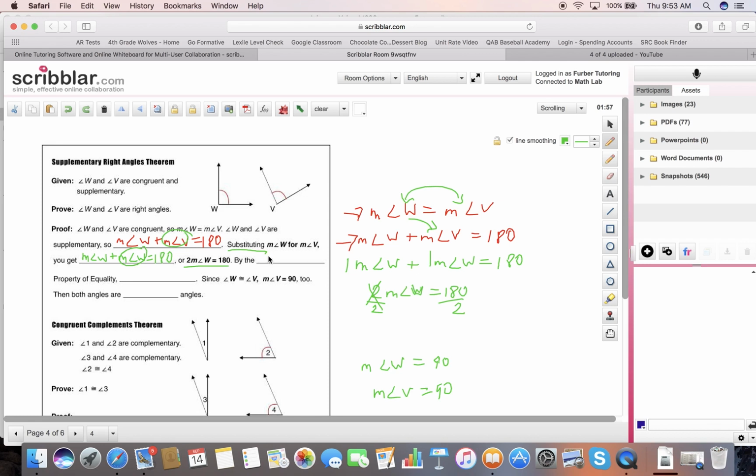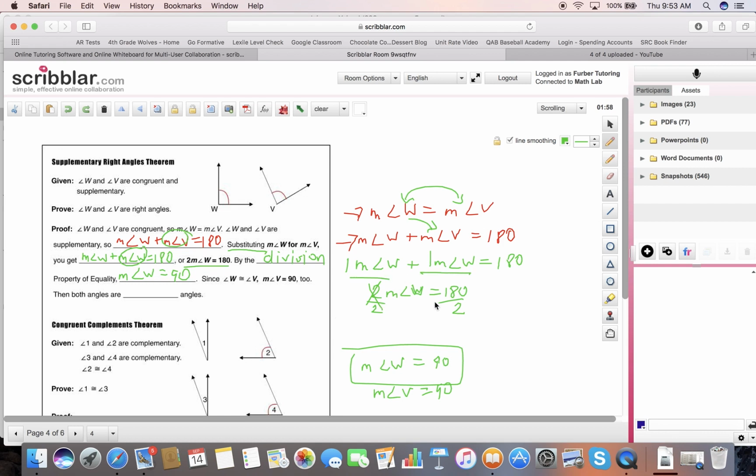Well, what did I do to get to that point? I divided. I used the division property of equality. By the division property of equality, I arrived at this: the measure of angle W equals 90. I divided off the 2. Why were there 2?